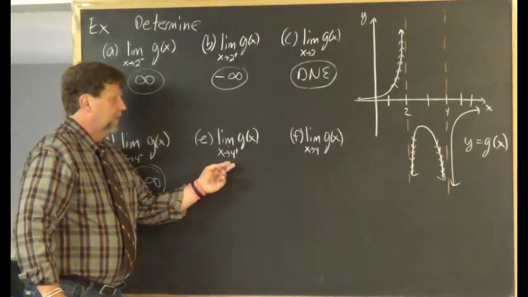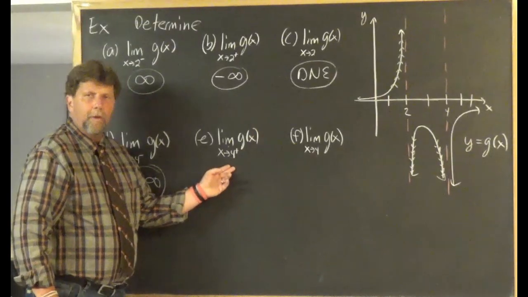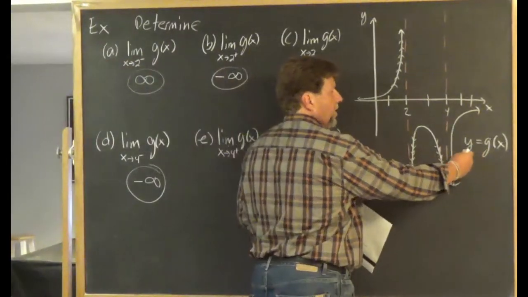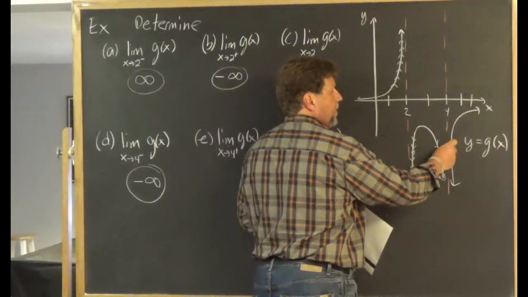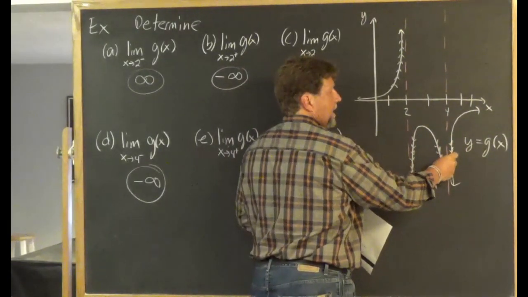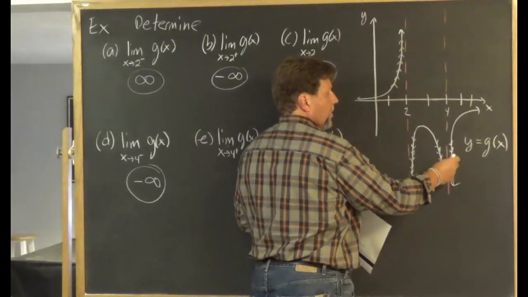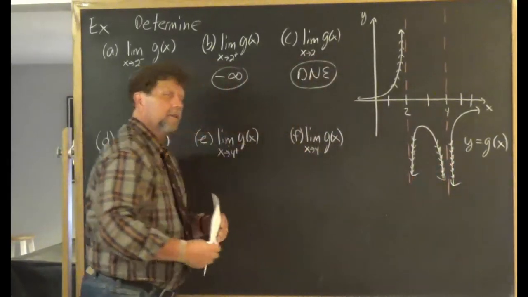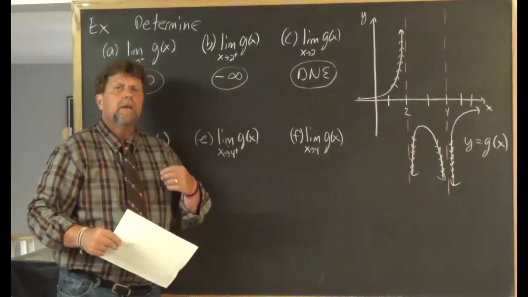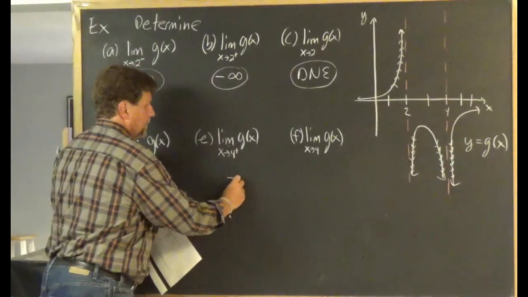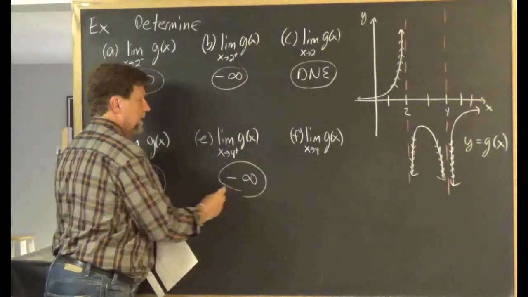Part E, the limit as x approaches 4 from the right side. All right, so I come to the right of 4, and I'm approaching 4 from the right side. It looks like as I get closer and closer to 4 from the right side, those function values are decreasing without bound. Negative infinity is the limit.